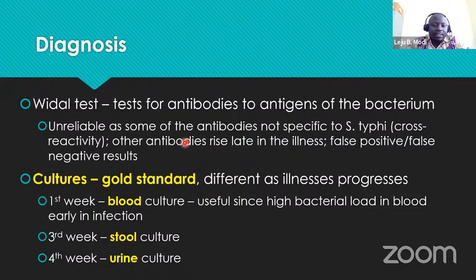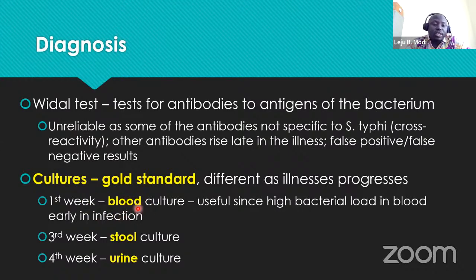And because of that, the standard way to test or investigate for typhoid is the culture. I know this might not be common everywhere, might not be affordable for most people, but I think in Juba, it is possible to do a culture for blood within the first week, blood culture.